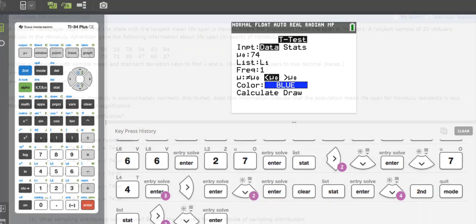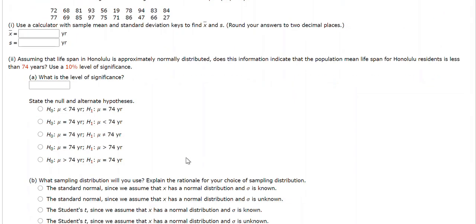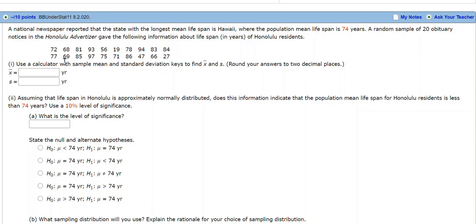So why do I want a t-test? Because we're told the data is approximately normally distributed, so roughly mound-shaped. That's the first thing we need. The information was collected randomly, a random sample of 20 obituaries, and we have no reason to believe these data points depend on each other, so they're independent.